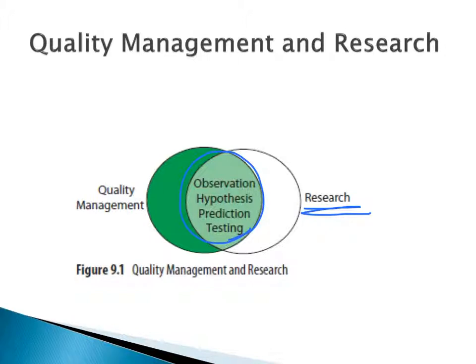Quality management utilizes the same tools quite often, but we're not going to be able to generalize to a larger population. We'll just be able to look at the population within the institution or the sample that we're testing. But they are great tools to help us identify whether the changes that we've implemented have actually made a difference. Is it a significant difference?